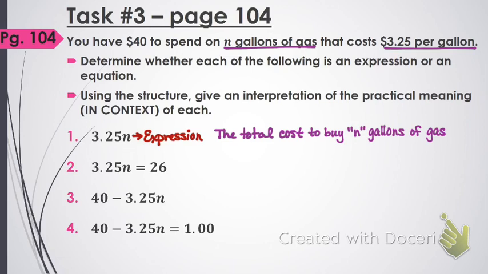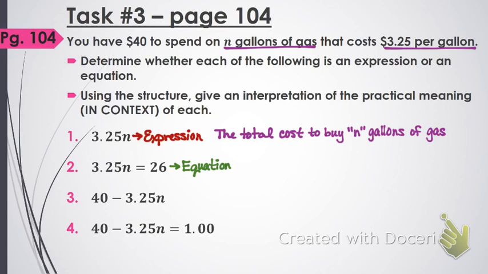Number 2, is that an expression or an equation? That is an equation. And we know that because of the equal sign. What can we do with equations that we can't do with expressions? We can solve them.